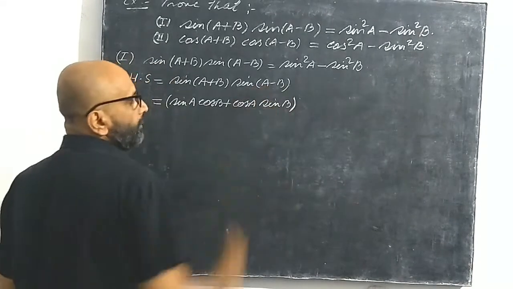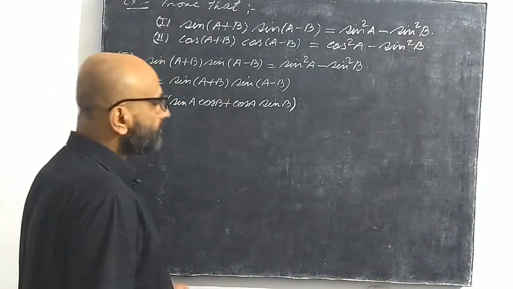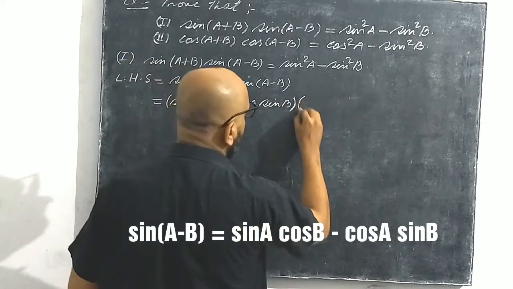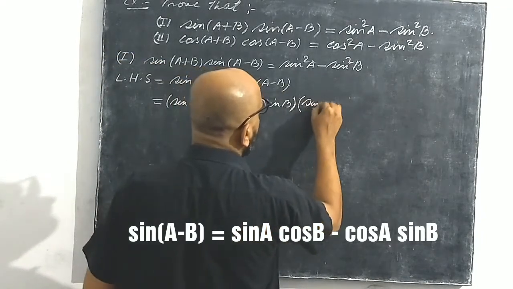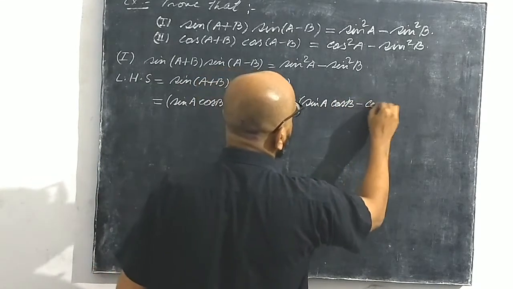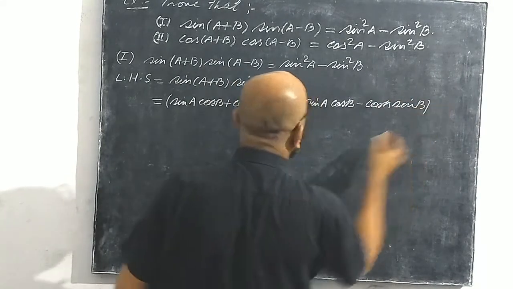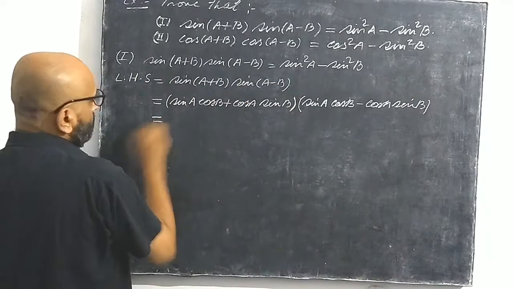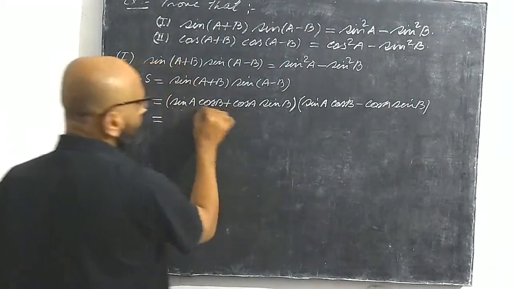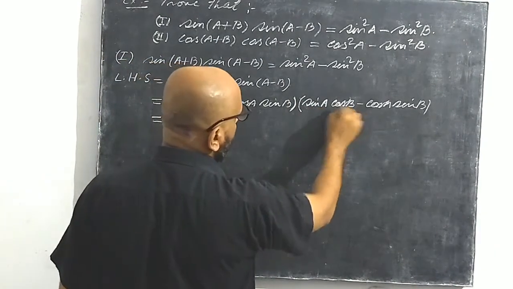Now the next one is sin(A−B). The formula of sin(A−B), as you know, is sin A cos B minus cos A sin B. So in the second bracket we write sin A cos B minus cos A sin B. Here if you see, sin A cos B is the first term in the first bracket and the same term is there in the second bracket.